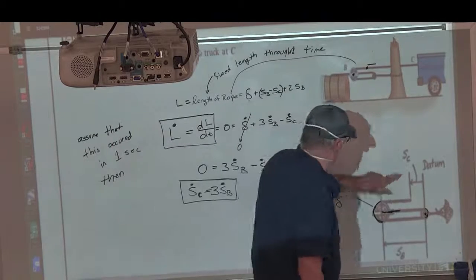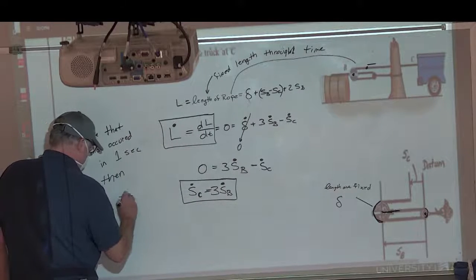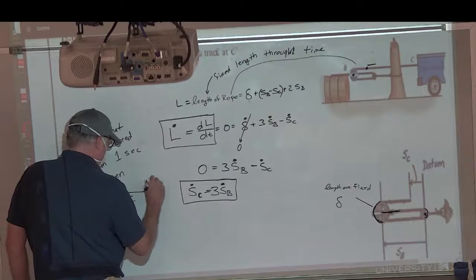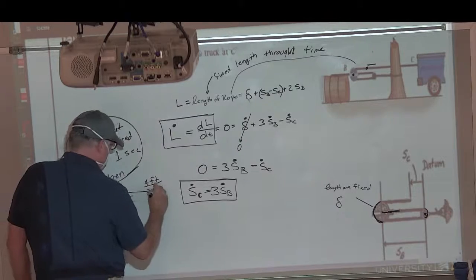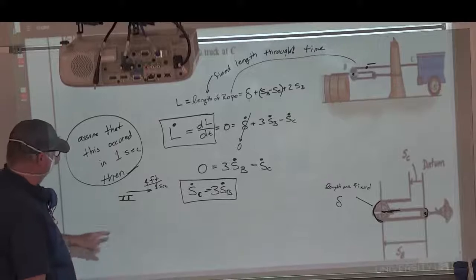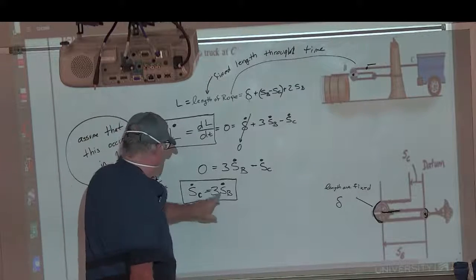So we have this label SC, a piece of tape wrapped around the rope, say, this is my location C. It moved 4 feet, but I arbitrarily said it did it in 1 second. During that same 1 second, what happened to B?